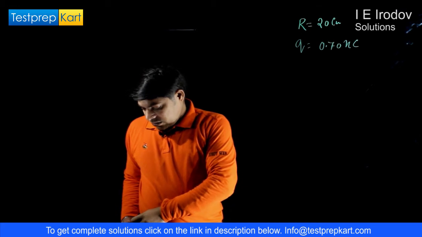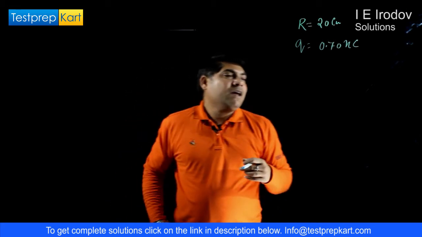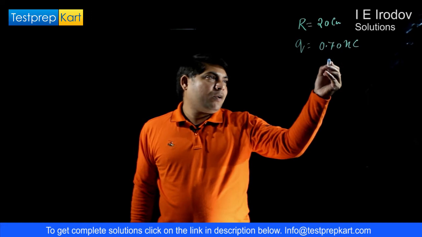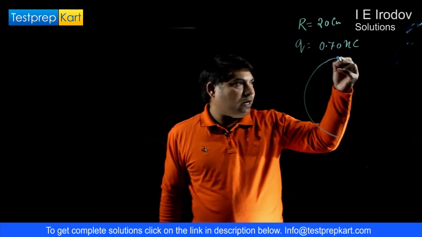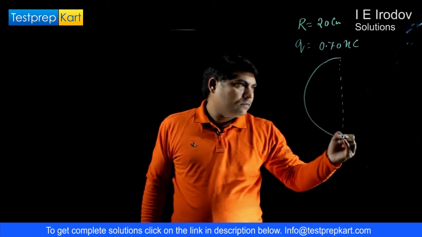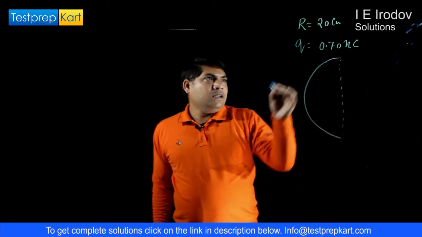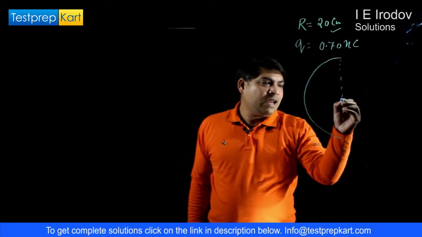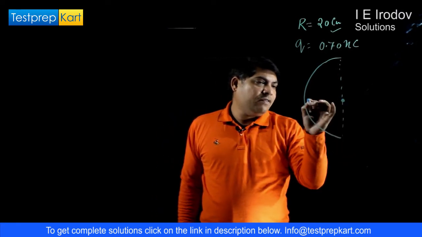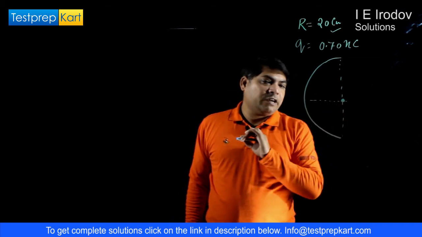Okay, so in this case, we have a half ring. Let me draw it here. It is a semicircular ring, and the radius of this ring is given, r, and we have to find the electric field at the center of this curvature.